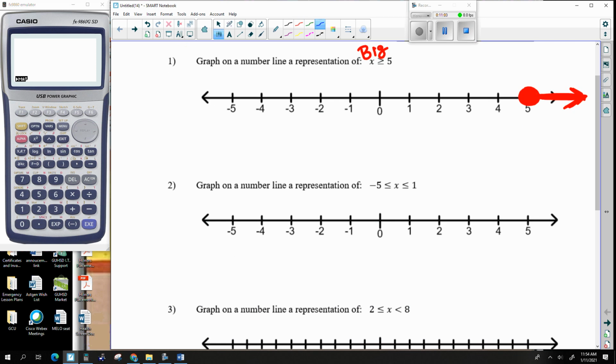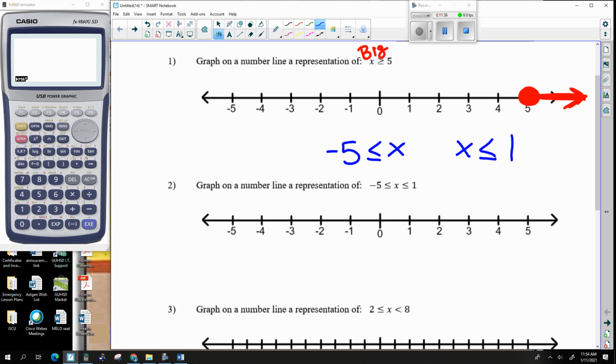Okay, in this next problem, this is kind of like two problems at once. What I want you to do first and foremost is focus on this left-hand side. So negative 5 is less than or equal to x. And then the other part of the problem is when I focus on this right-hand part, which says x is less than or equal to 1.